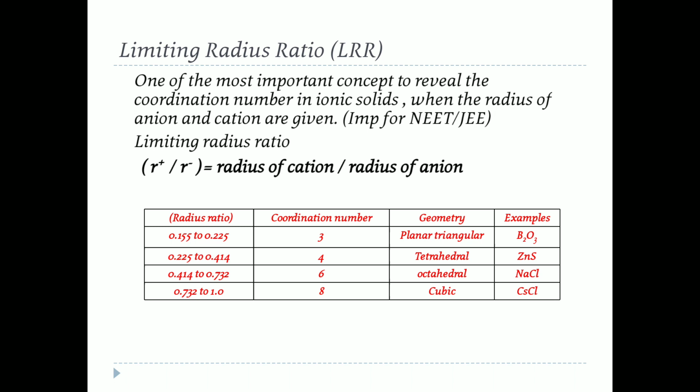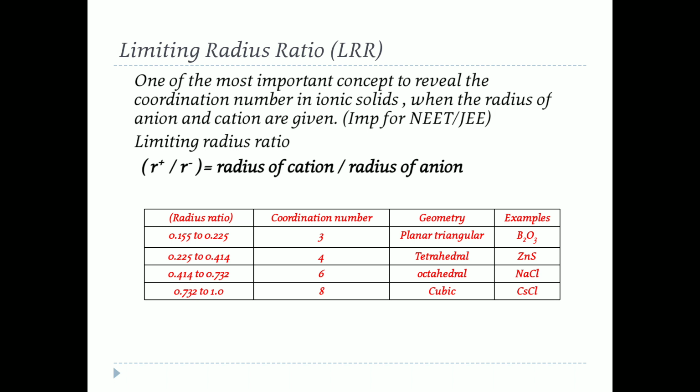So you just need to remember this chart so that you can answer any number of questions given on LRR. If the value of r+ divided by r- falls in the range of 0.155 to 0.225, then the coordination number is 3 and the geometry is planar triangular.